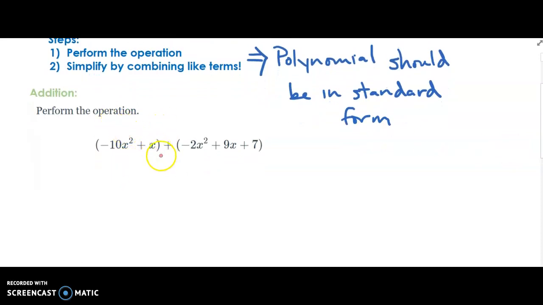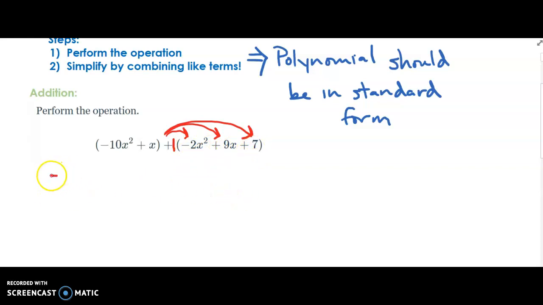So in order to do polynomial addition, one thing we can think about is like this first polynomial, negative 10x squared plus x, is being added to this second polynomial. Technically, this addition sign, this plus 1 that is out front of this second polynomial, you can think about as being distributed to each of the terms in this second polynomial that's being added.